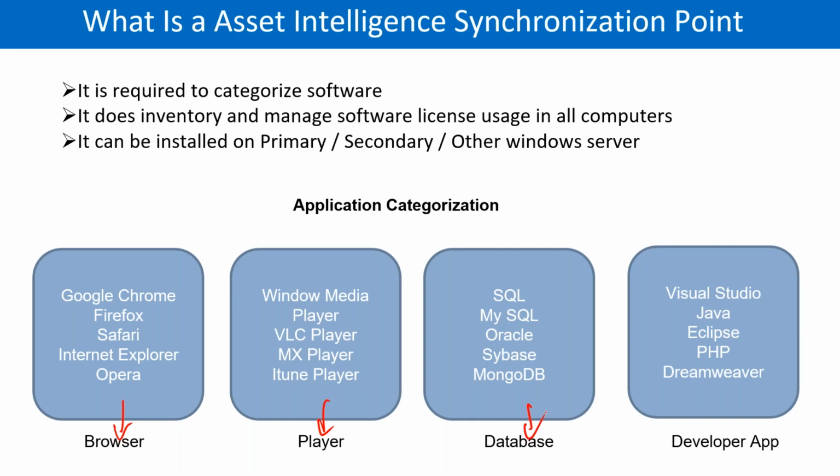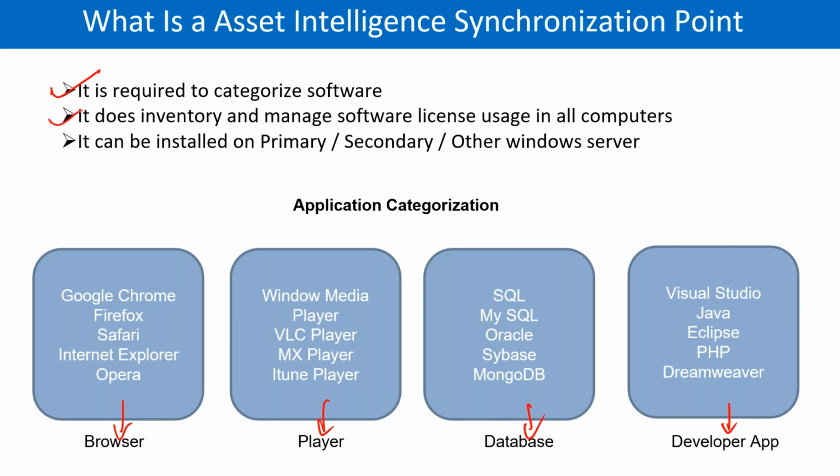Some software falls under the browser category, some under player, some under database, some under developer. There are many other categories; these are just four I have given here. So applications get categorized automatically. You don't have to categorize yourself. It is required to categorize software.